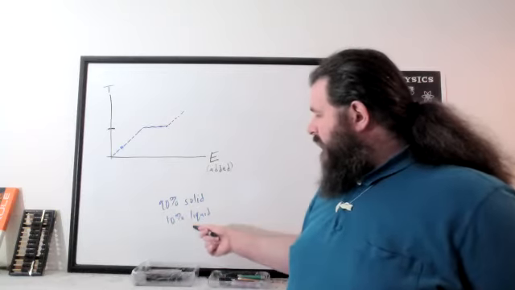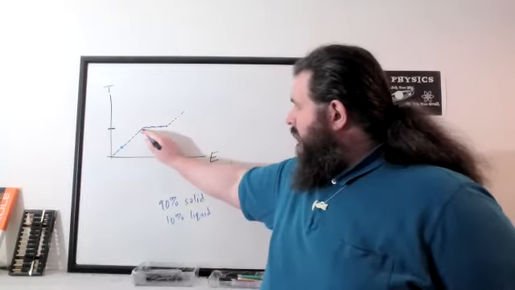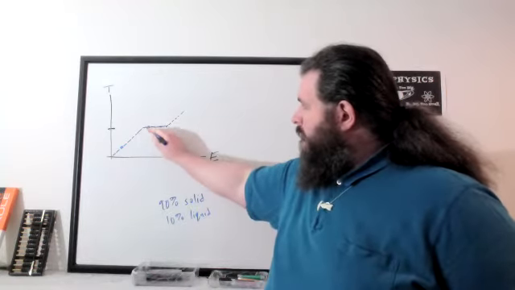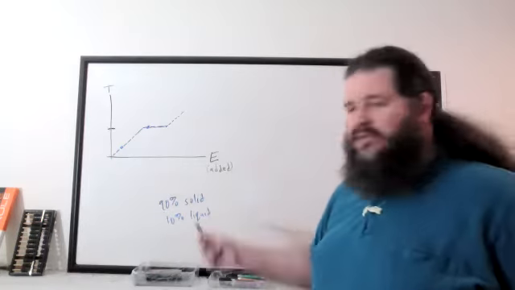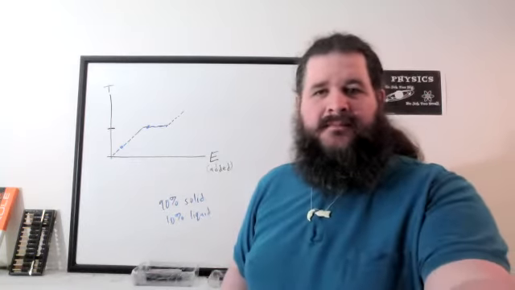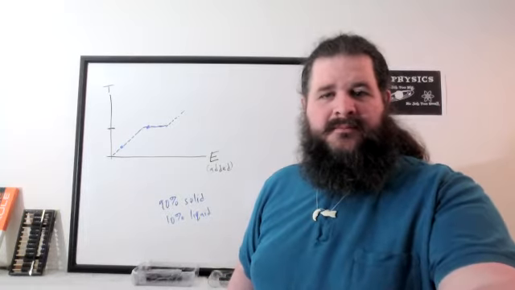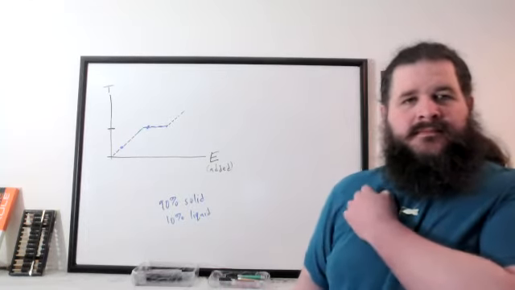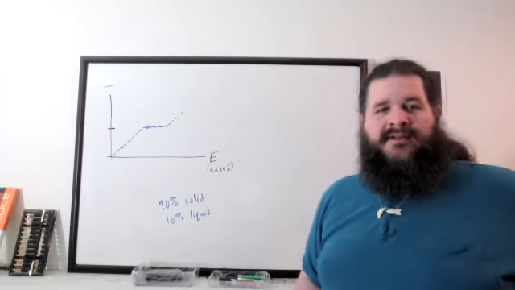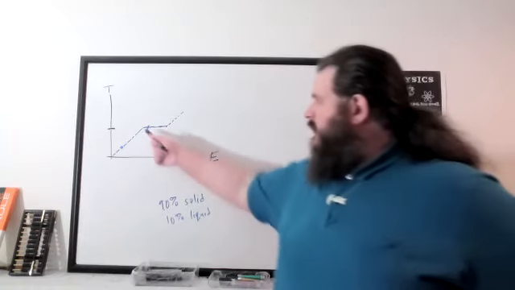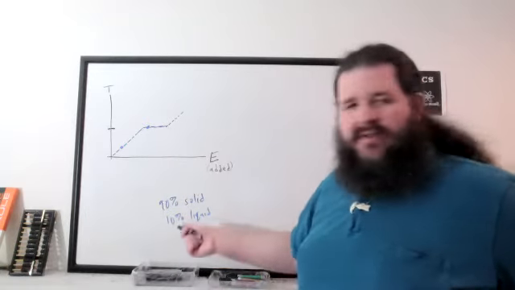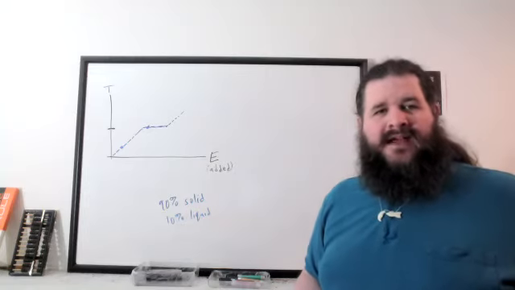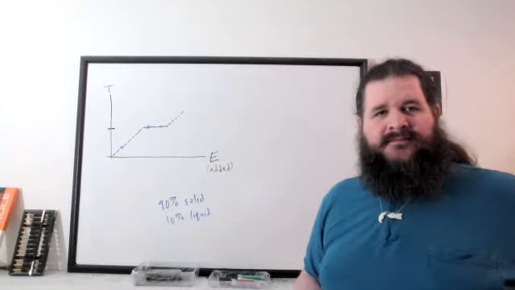But since it's 10% melted, you're going to be 10% of the way along this bar. So 10% of the way towards the right side is going to be 10% melted. 10% of it is liquid. Those should be proportional. So we cannot really calculate it, right? You can if you have the numbers. If you know how much energy it would take to melt the whole thing, the amount of energy to melt 10% of it would be 10% of that amount of energy.